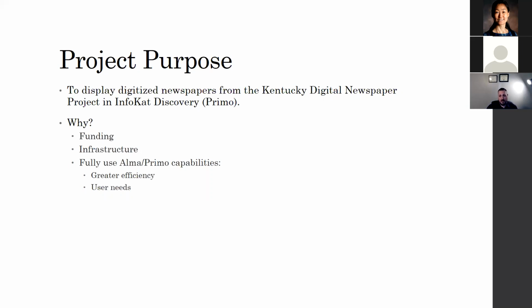And another is to fully use Alma and Primo's capabilities, to increase our efficiency in controlling and displaying the content that we have, to reduce the costs, and also to meet our user needs a bit more, in that we're putting that content into an interface that users are more familiar with, rather than where it's at now.